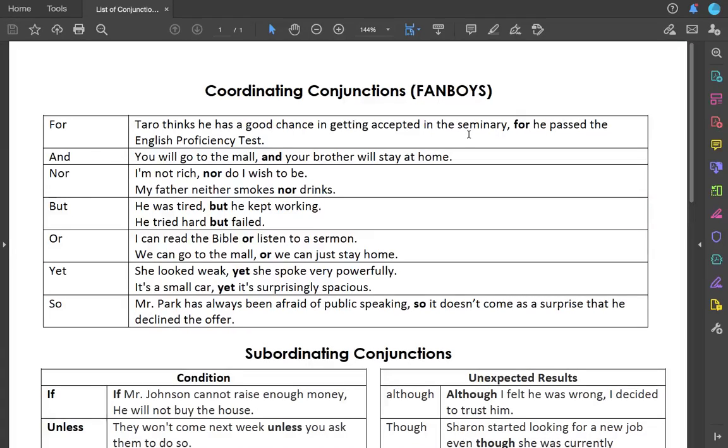So why do we have to talk about these three different categories? As I said, writing is very technical. It's not just important that we know the different connecting words, but we also have to know how to use them in a sentence.